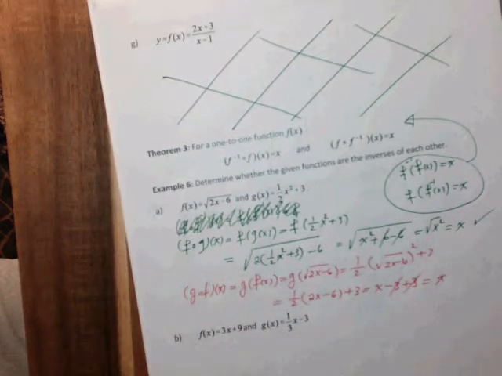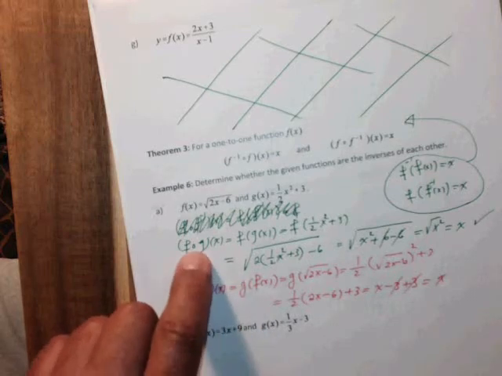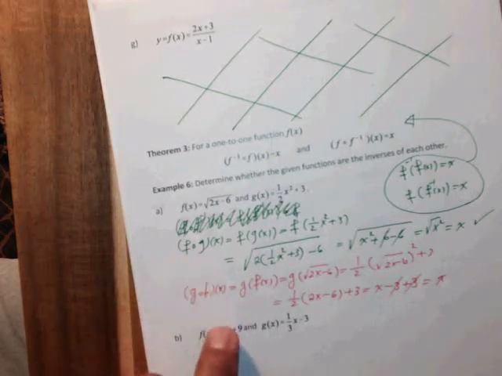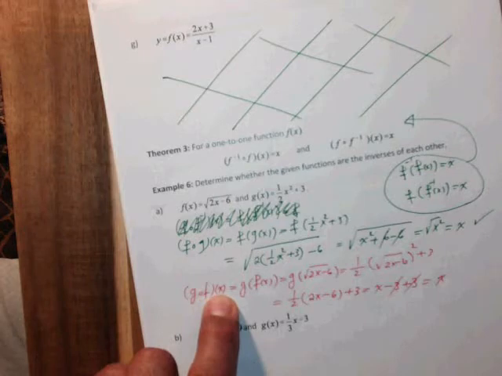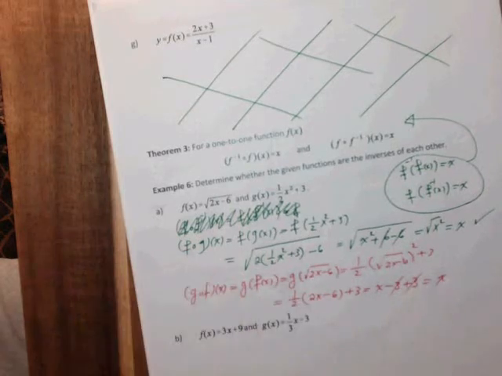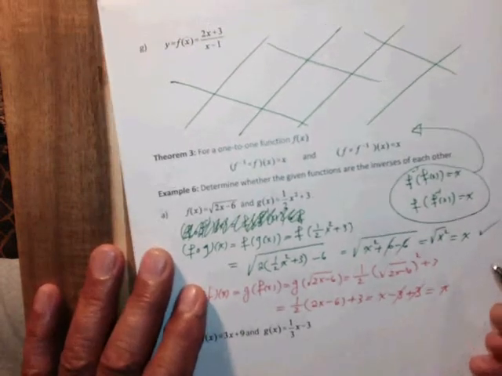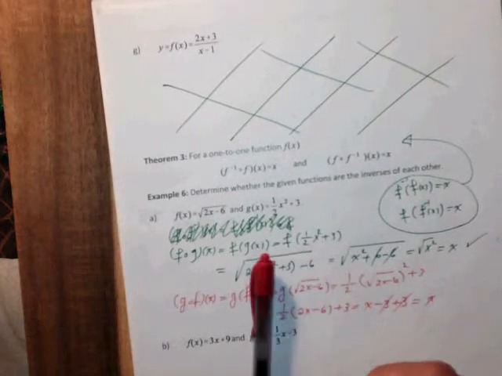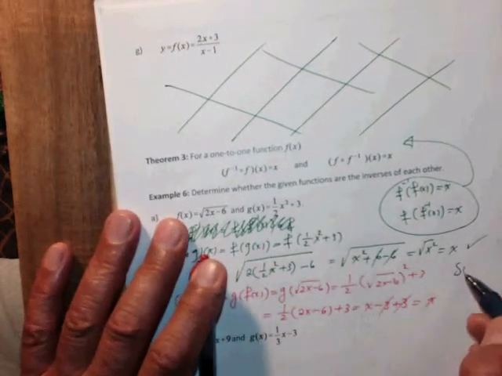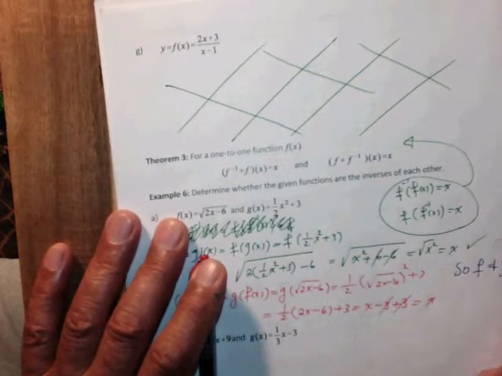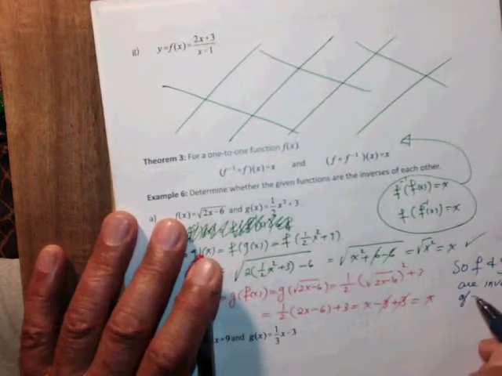So what I did here, therefore, I checked that both f circle g and g circle f, both at x, are just x itself. So that means I can conclude that f and g are inverses of each other.